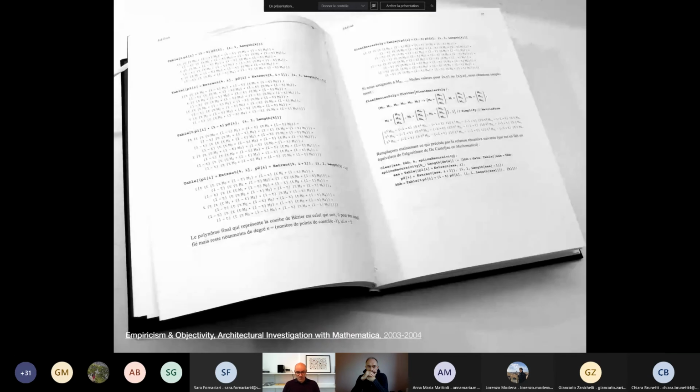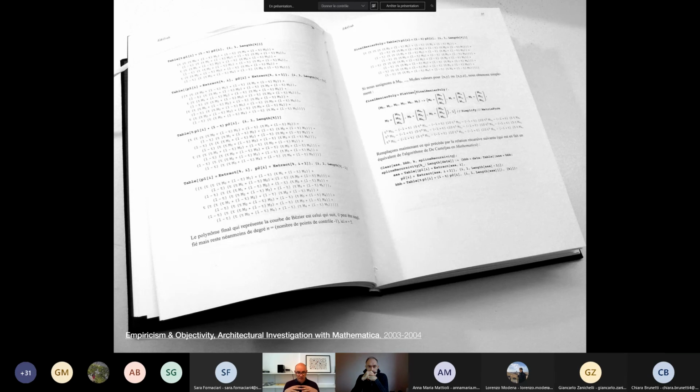Eventually, this ended up being my architecture diploma. I graduated in 2004, a few months after the opening of this exhibition. And I developed this work, the full title is Empiricism and Objectivity, Architectural Investigation with Mathematica. In this book, I wanted to readdress the deep nature of architecture.